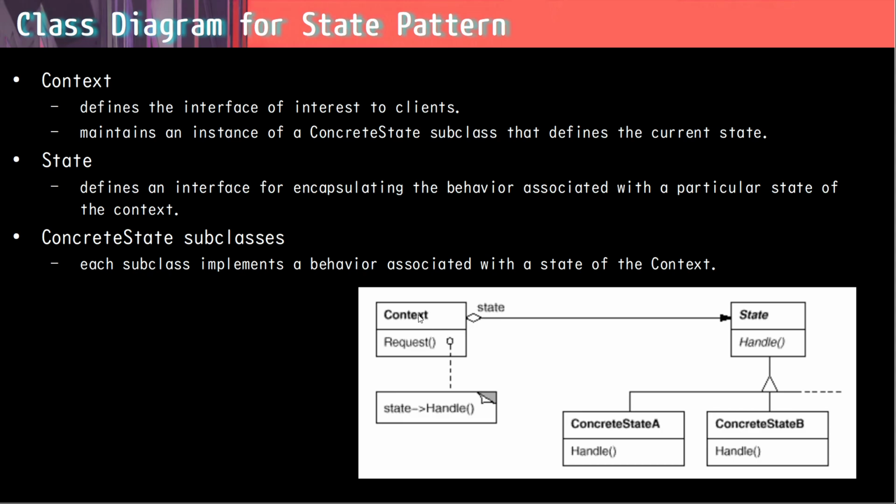But since this is a state, we can call the handle member method. So in the processing code, in some line, we're going to call the handle, but right now we are not sure which one we are going to call. So this is the flexibility we gained from a design pattern like this. The only thing we are sure of is that the state reference must have one handle method to be called.